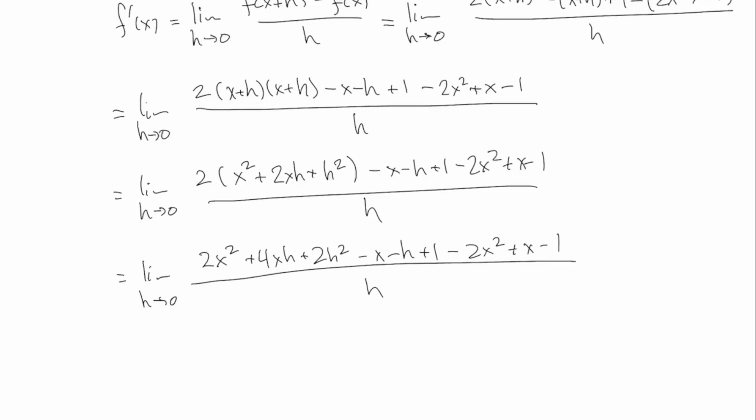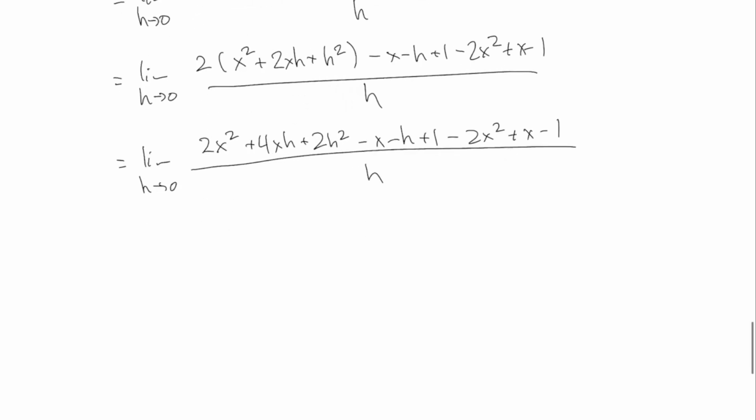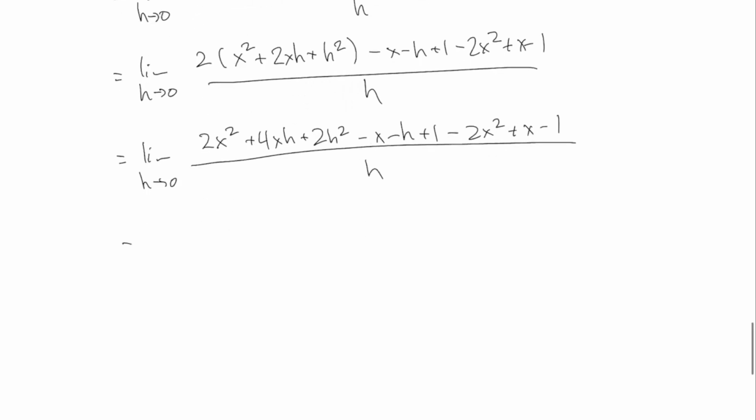All right. Now we can start canceling stuff out. Anybody see anything that will cancel up top? There should be some things that just directly cancel with other things that you see on the top. What do you think? Yeah? 2x squared.